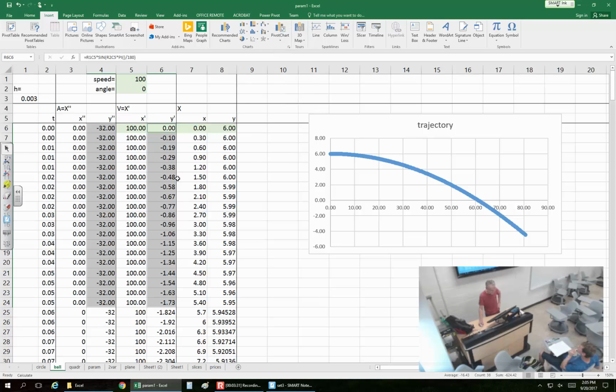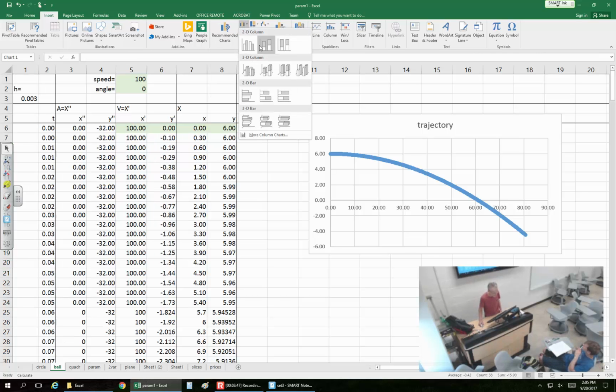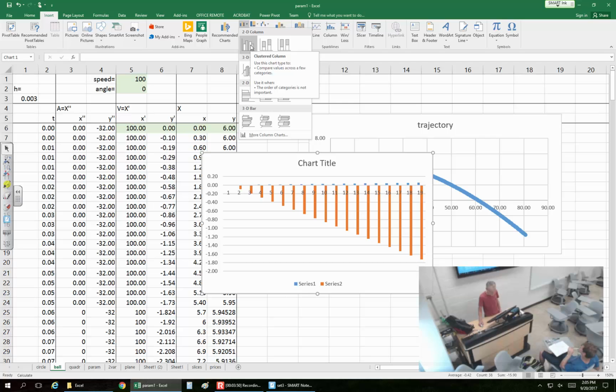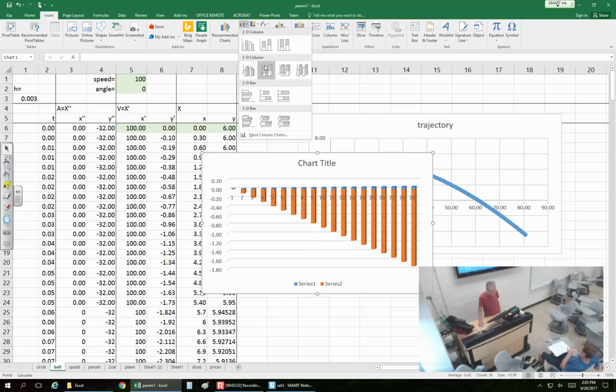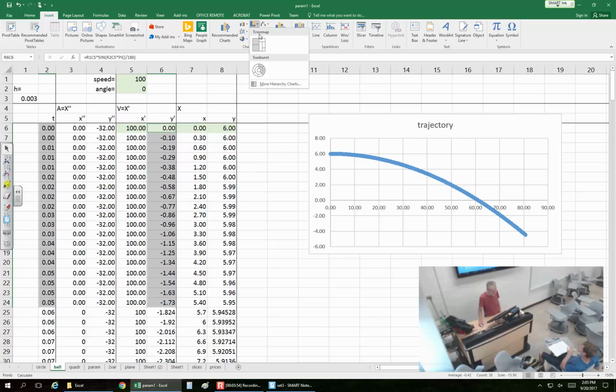Well, the point is that I didn't mark the right one. Let me try again. Well, for some reason it's upside down. Let me try again. Okay, well, it didn't work out that part.